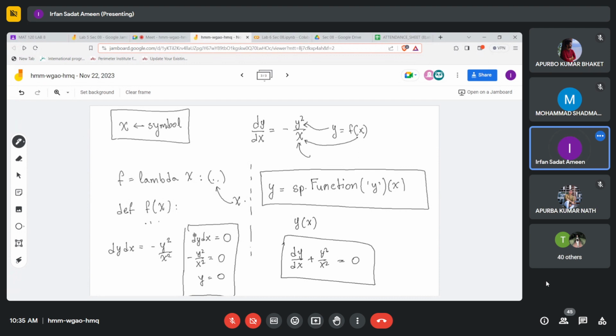If I write dy by dx as a variable and then write this, then when we use dsolve it will take this as equal to 0, just like solve does, and we get the wrong answer. So we need to define it in this manner so that when we set it equal to 0 and solve, we will get y as some function of x.